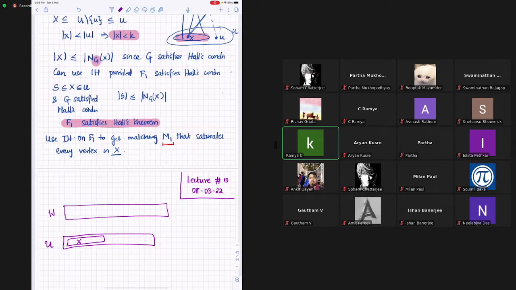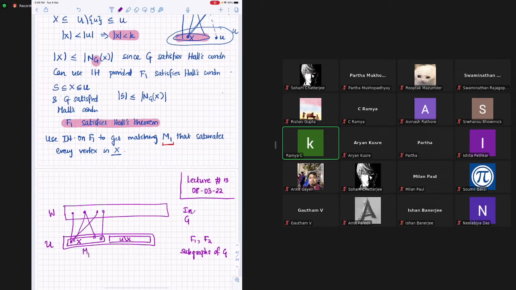And then there is the set W. This is in the graph G. Now this portion is U minus X, and I produce F2. It will also be bipartite, but it will have incident edges like this.